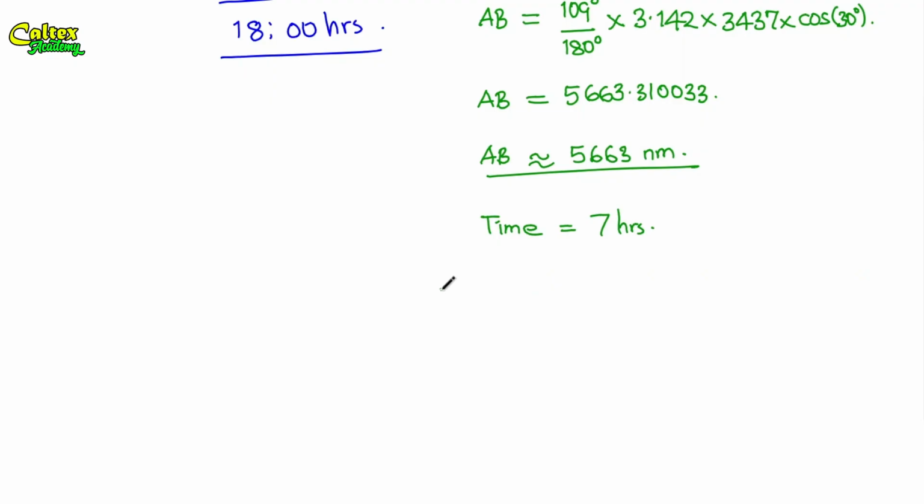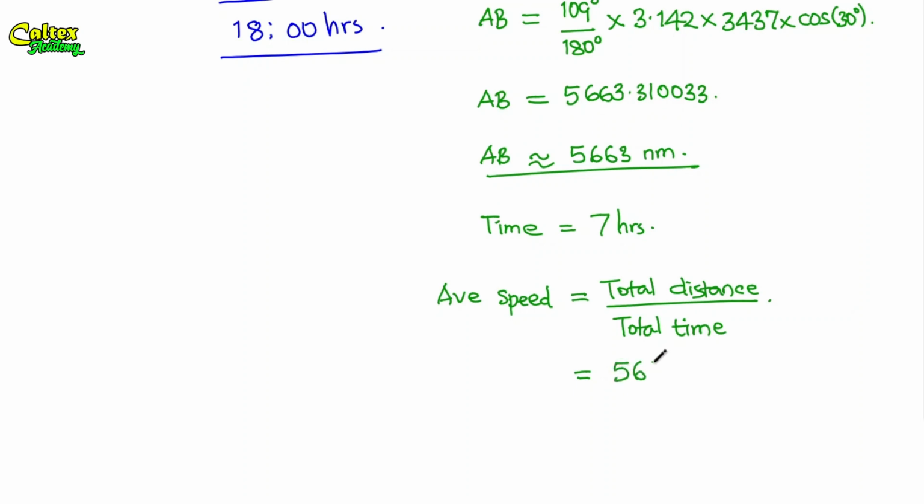Now average speed is given by total distance divided by total time. We know our total distance is this one here, but to minimize errors, it is better to write it out at this point, and that is 5,663.3100033 divided by 7.